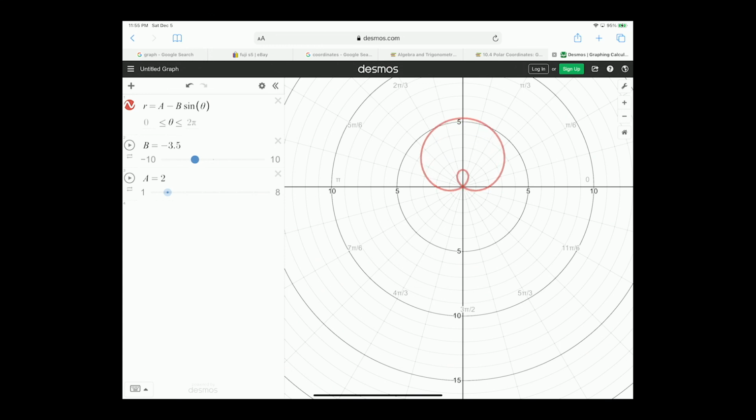Keep going, and you get a little loop in there, and it gets bigger. So you can see what happens with A minus B sine theta.